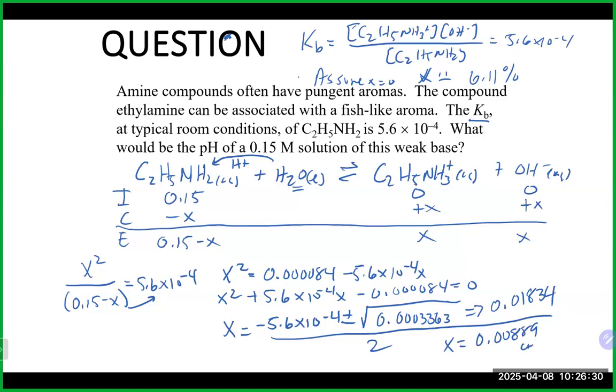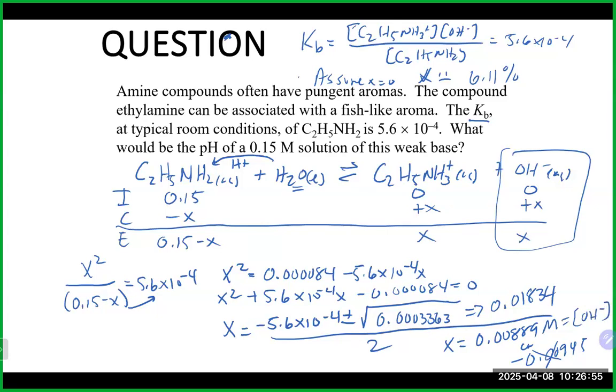If we do the minus, which is probably not going to be great since it gives us a negative number, we get negative 0.00945. Obviously, this one is not going to work, as the hydroxide is equal to x, and we can't have a negative concentration. So this then should be our hydroxide concentration.